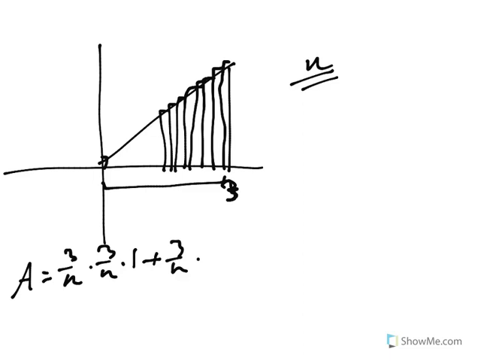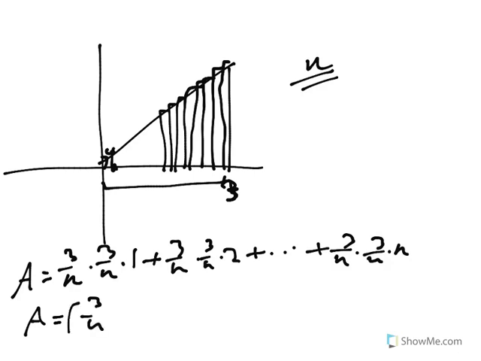The second rectangle has a bottom right-hand corner with an x-coordinate of 6 over n, because it's double the 3 over n. I'm going to write that 6 over n, which is also the height, as 3 over n times 2. And this would continue all the way up to 3 over n times n.